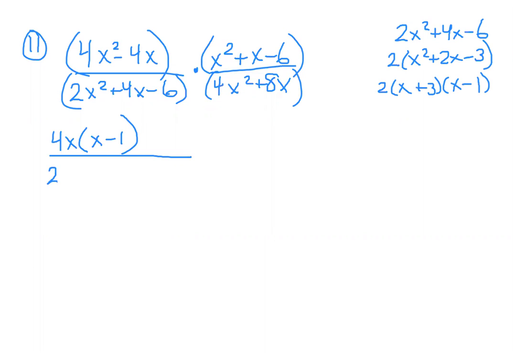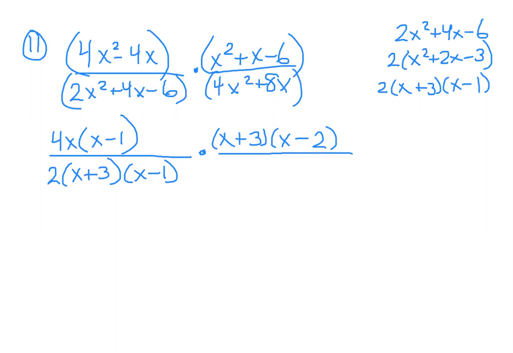So this denominator becomes 2 times x plus 3, x minus 1. And this one up here, what multiplies to give you -6 and adds to give you 1, that's going to be a 3 and a 2, and the 3 is going to be positive, and the 2 is going to be negative. And down here, I can factor out a 4x, and I'm left with x plus 2.